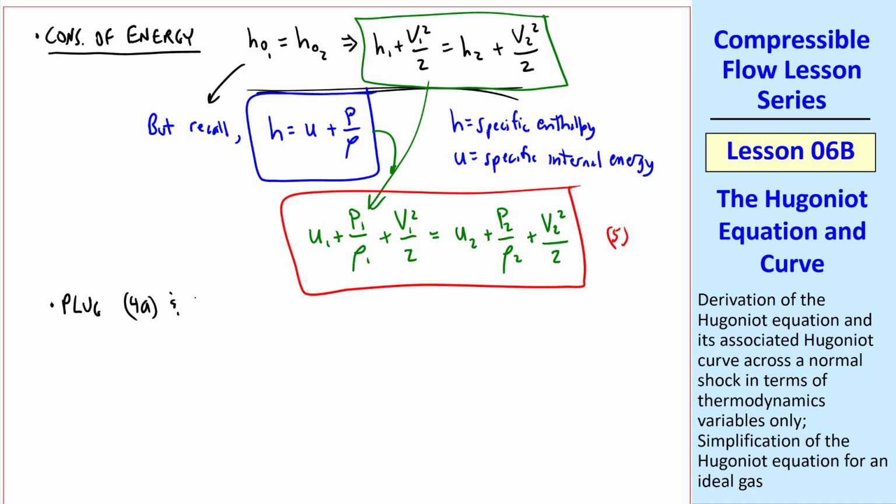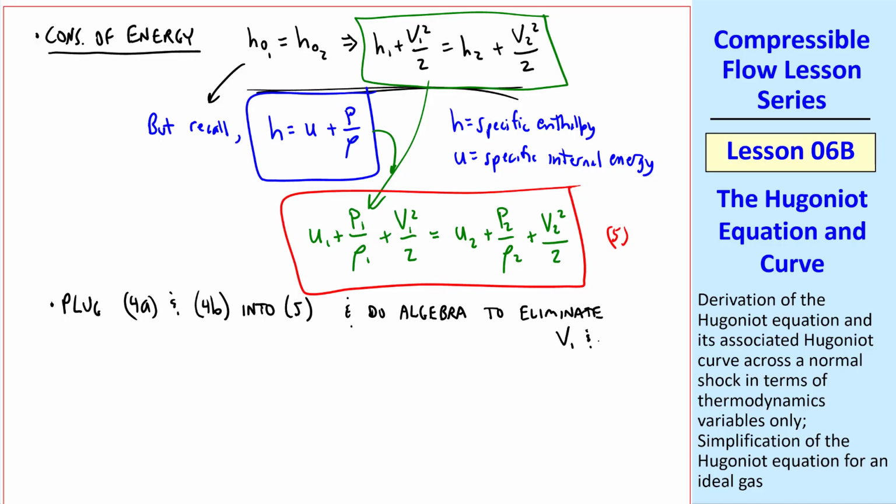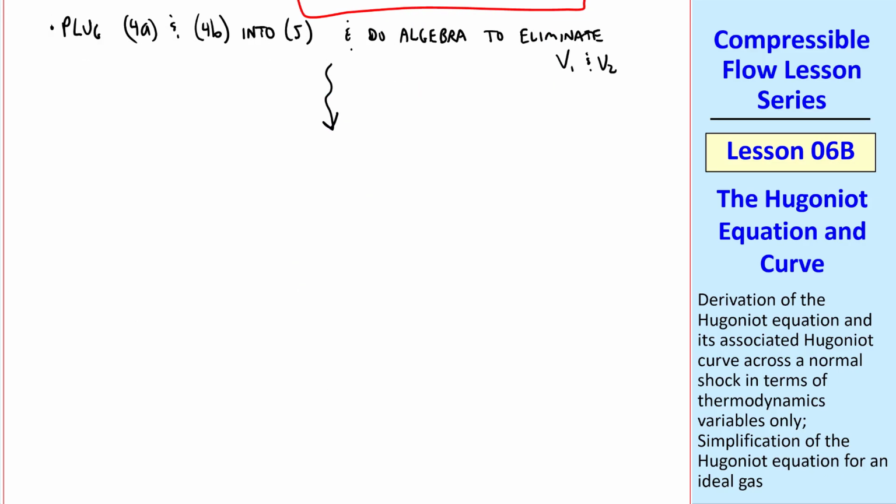Now let's plug equations 4a and 4b into equation 5 and do the algebra to eliminate speeds v1 and v2. The algebra is a little bit involved. It's almost a whole page on my notes here, so I would recommend that you do this on a cold, rainy night.